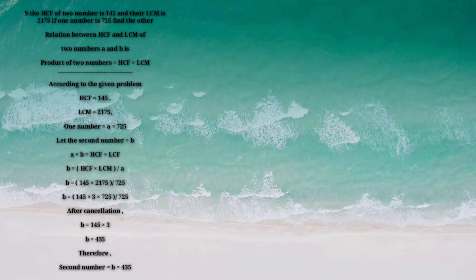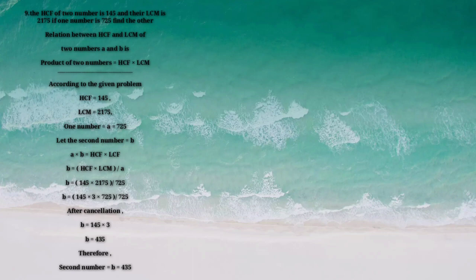Let us see students, repeat once again. Here HCF of two numbers is 145 and the LCM is 2175. One number is given, one number is 725. So we will have to find out the other number. Here students, we know the relationship between LCM and HCF.